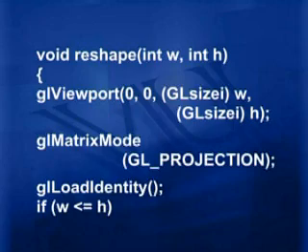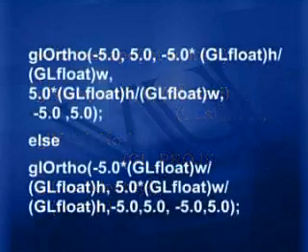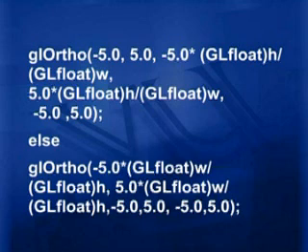If width is less than or equal to height, then calls to glOrtho are made with the parameters -5, 5, and -5 times h over w, both typecasted as GLfloat, comma 5 times h over w, comma -5, comma 5.